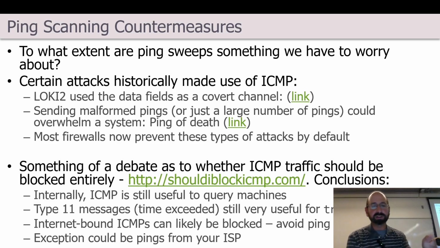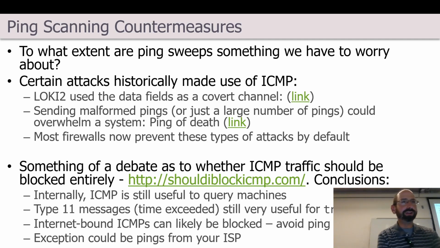There's a website specifically trying to make one case or the other. The conclusion of that particular resource, which is not necessarily definitive, is that it's still a very useful service. The trade-off that recommendation makes is that internally, it still makes sense to have ICMP up and running. You can block it from external traffic, but allow it for internal traffic.